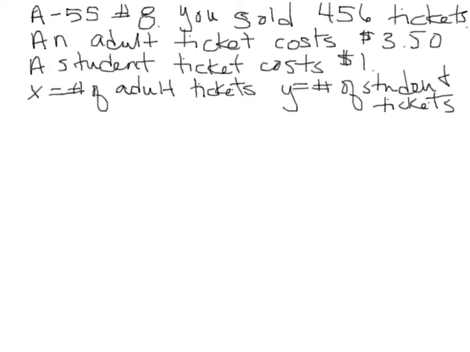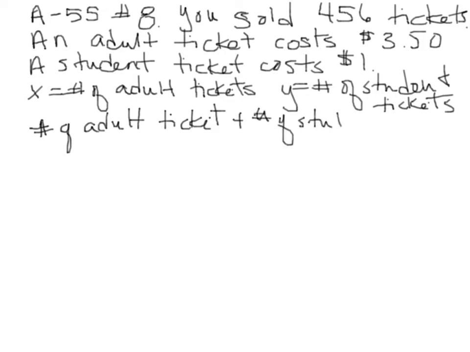So I know the total number of tickets sold is 456. So the number of adult tickets plus the number of student tickets has to be equal to the total number of tickets. There we go.